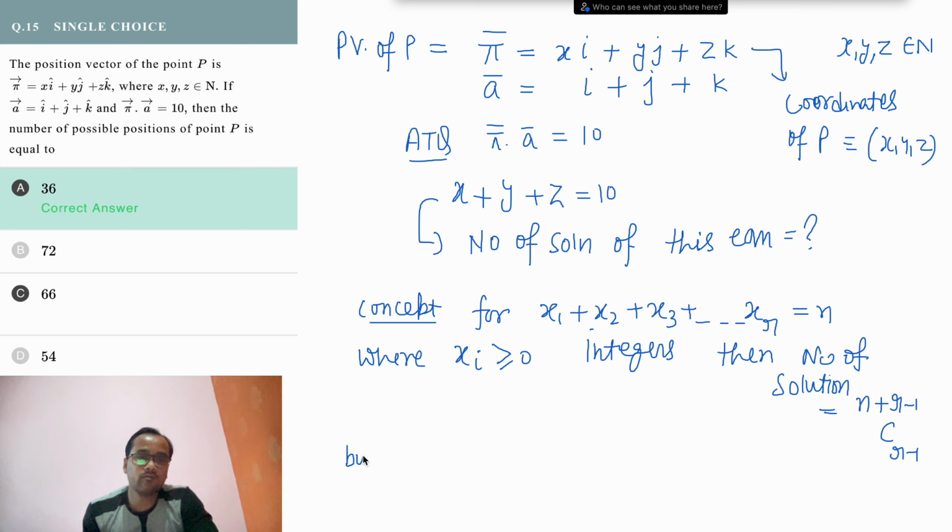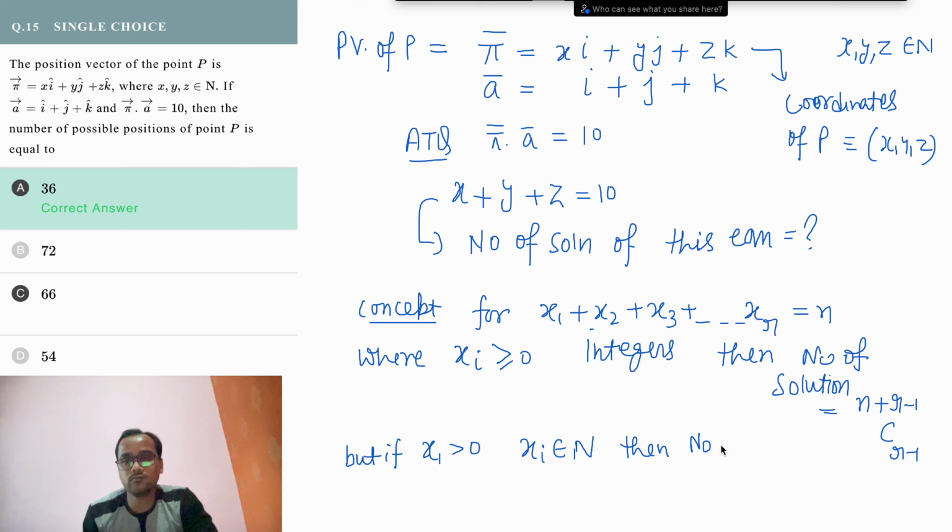But if the xi's are positive, or you can say the xi's are natural numbers, positive integers, then the number of solutions is written as n minus 1 c r minus 1.